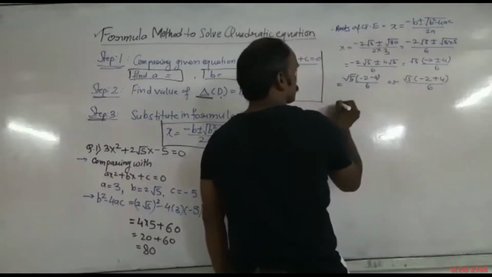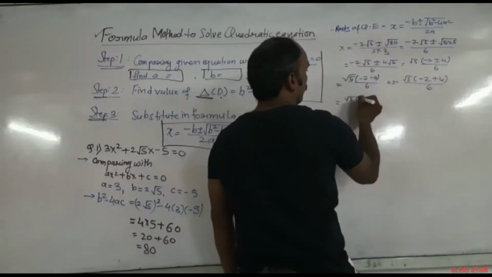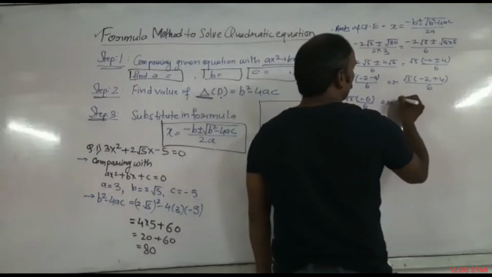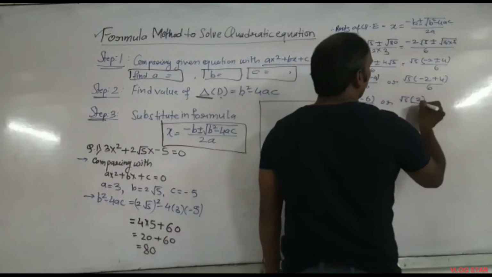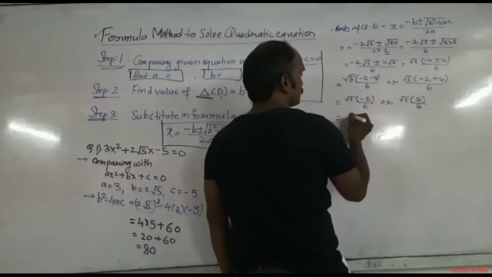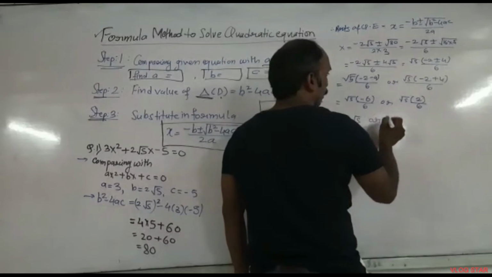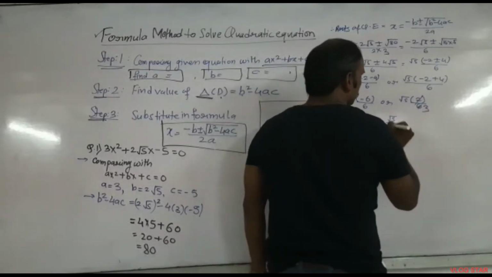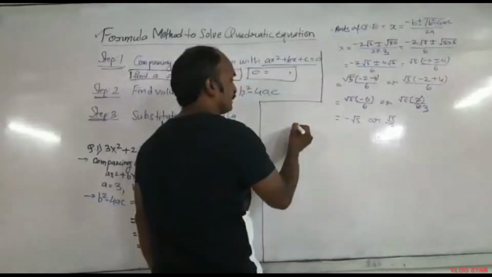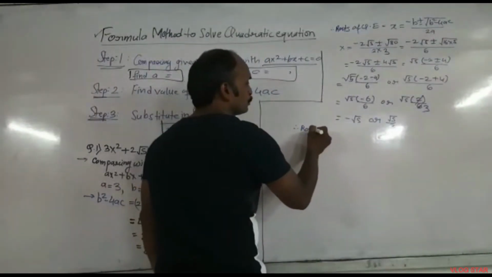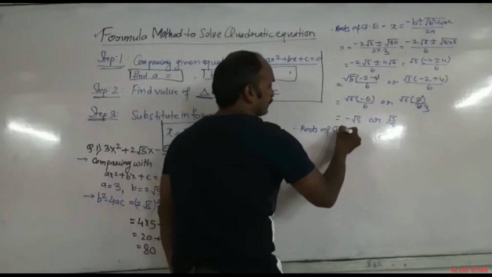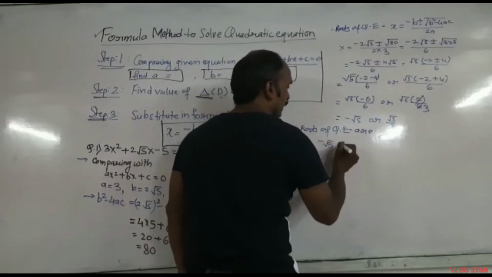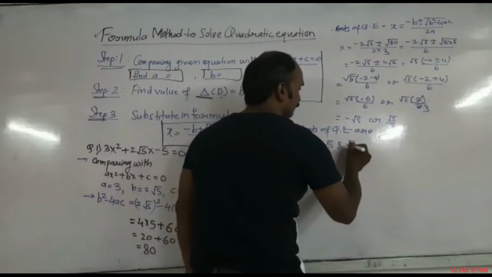So we will get root 5 into minus 6 divided by 6, or we will get root 5 into 2 divided by 6. So simplify this. This is minus root 5, or it is root 5 by 3. So at the end we have the result. Therefore, the roots of the quadratic equation are minus root 5 and root 5 by 3.